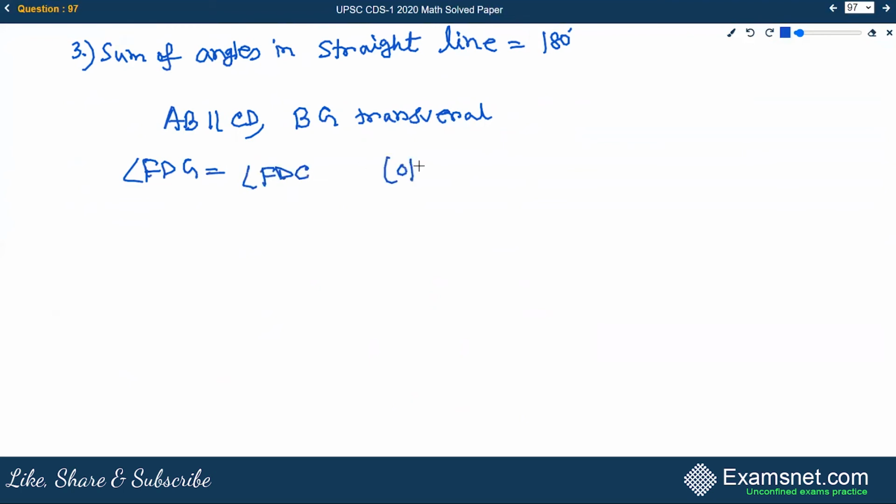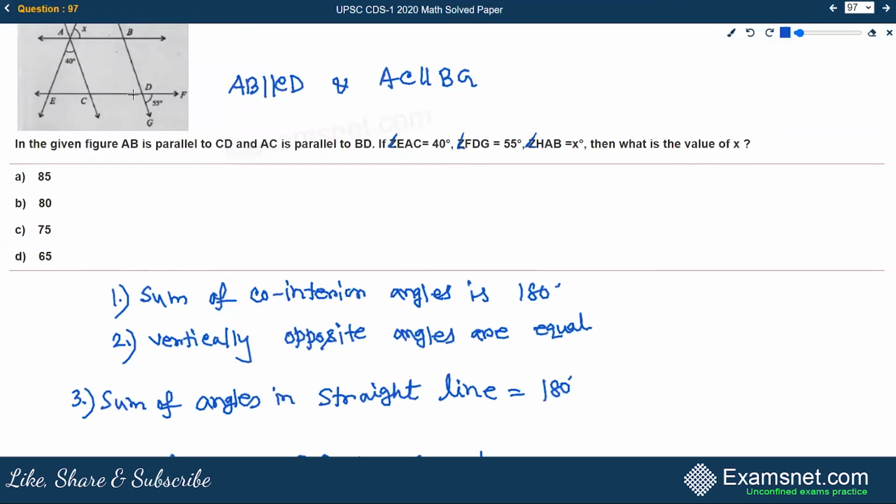Why? Because they are vertically opposite angles. So this is also 55 degrees.